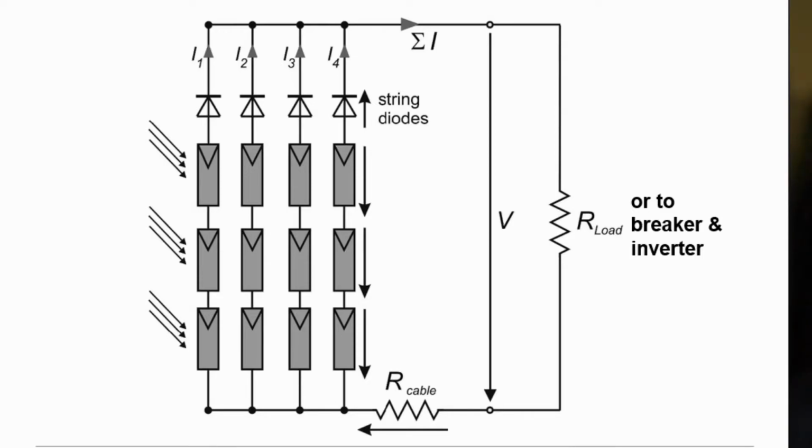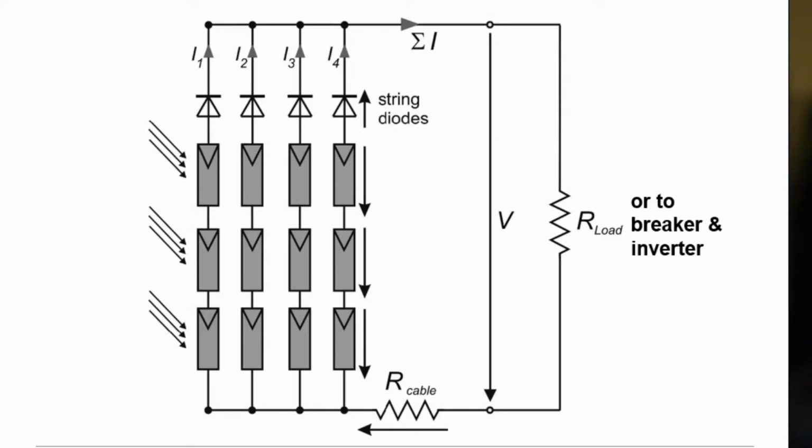It could happen, for example, if you have a lot of leaves on solar modules and the bypass diodes are acting, so the voltage of one string would be significantly lower, and there could be the problem that current would go into that string. If the solar modules and the cells are equally illuminated, the string diodes are not necessary.